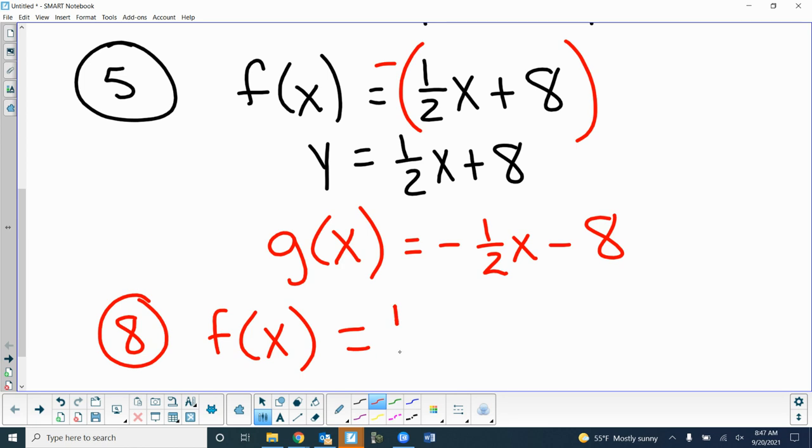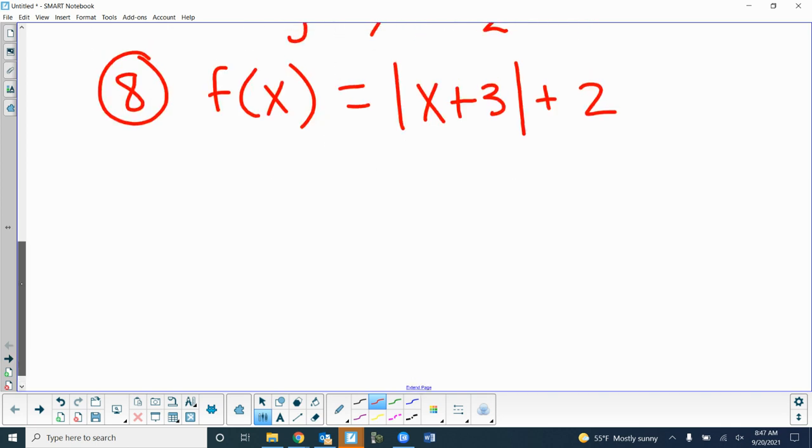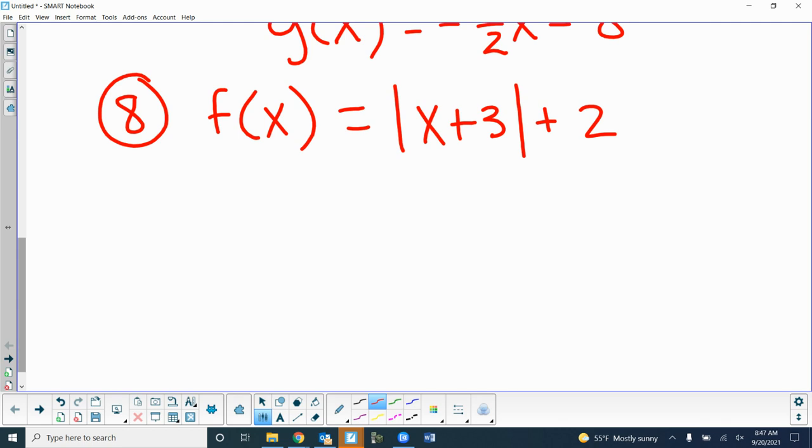So this was our original function, absolute value family. What's the graph of the absolute value look like? A V, thank you. All right, so we're multiplying the whole thing by that factor of 4.